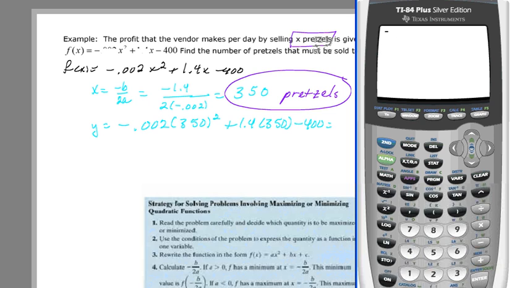Negative 0.002 times 350 squared plus 1.4 times 350 minus 400.